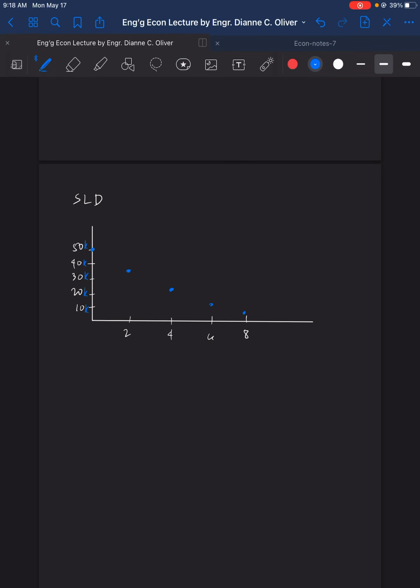Oops. Okay, I think I messed up with the graph a bit, but the idea here is that we can see a straight line, and indeed it is a straight line. It's just that my graph is not that good.